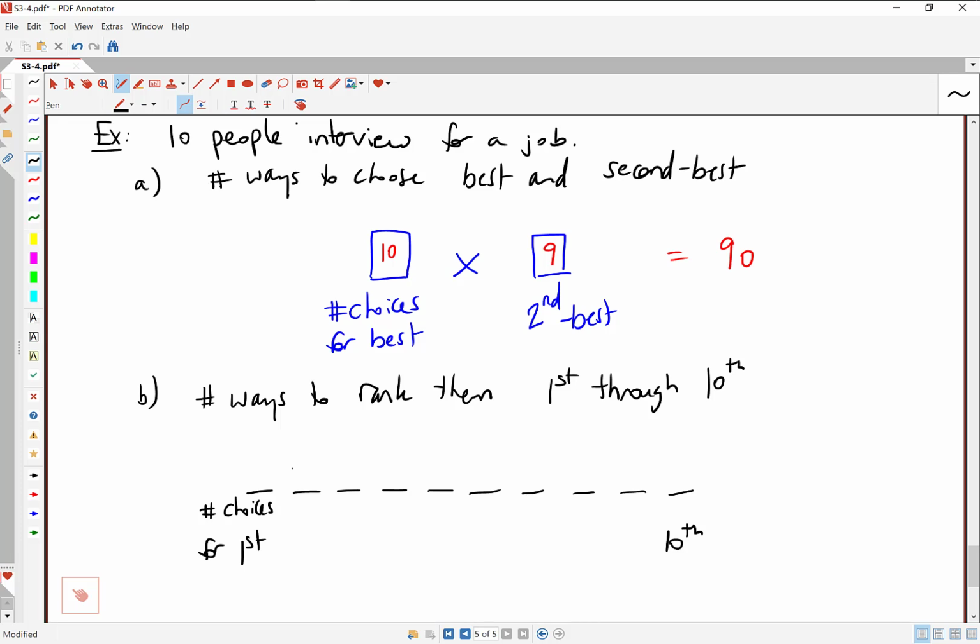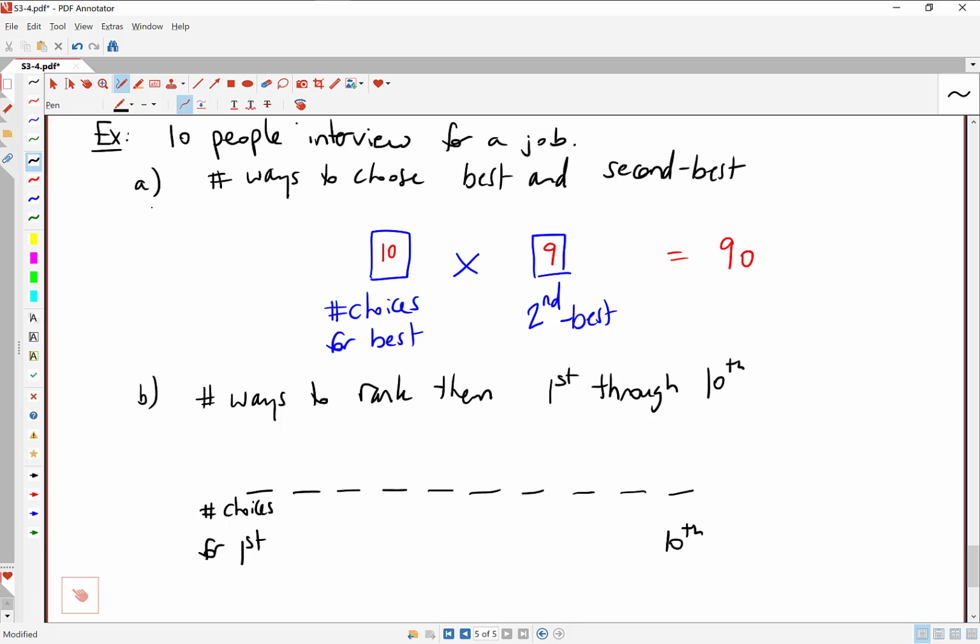Second thing to notice is this is just going to be a very big number. So if you were actually on this hiring committee, you definitely would not want to sit around a table and try to rank people 1st through 10th if you were having to agree with some of your colleagues, because there are just so many possibilities to choose from, and it's unlikely that 2 different people would agree on the same ranking.